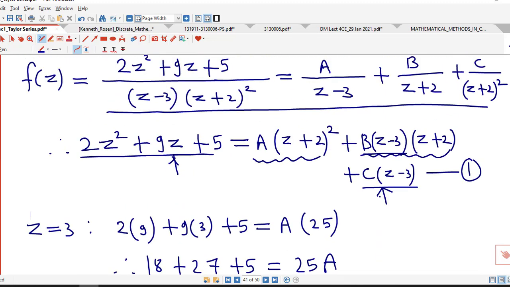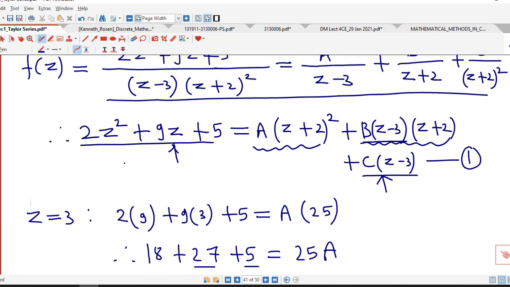Now to find the value of B, we have to compare the coefficients of either z square or z in equation 1. So suppose we compare the coefficients of z square in equation 1.